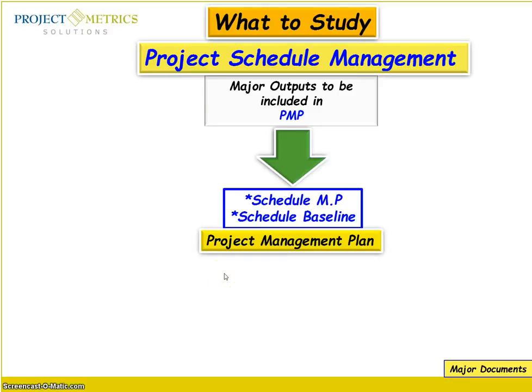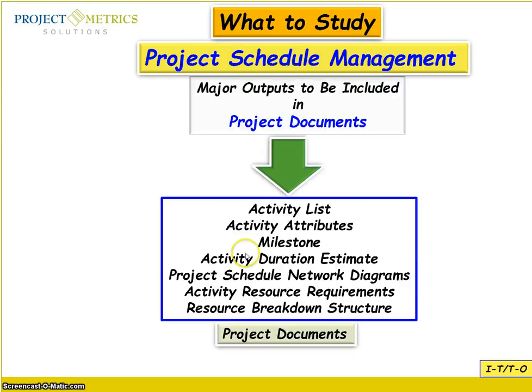And also you have major documents which are going to be part of the project documents: the activity list, activity attributes, the milestone list, activity duration estimates, the project schedule network diagram, activity resource requirements, and the resource breakdown structure. All of those are under the project documents.